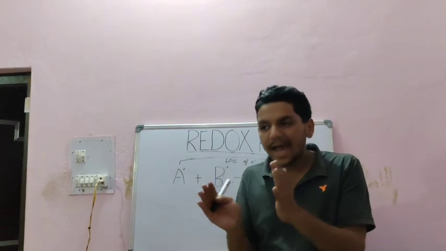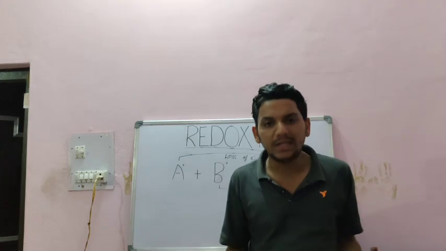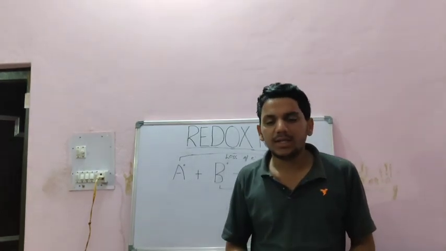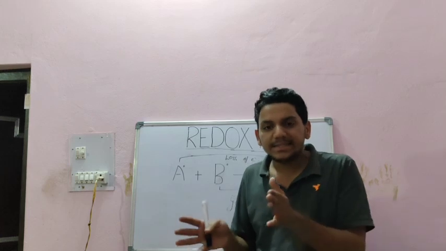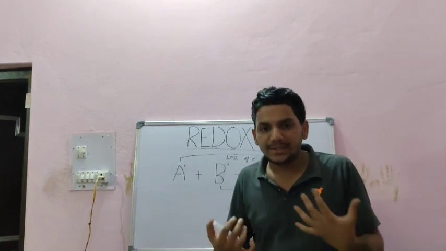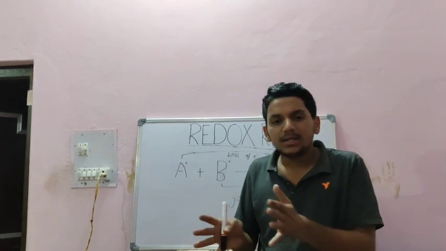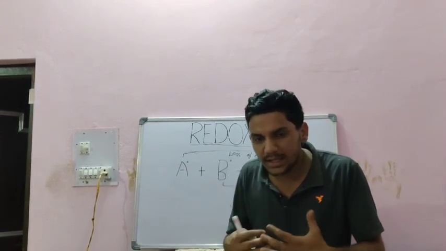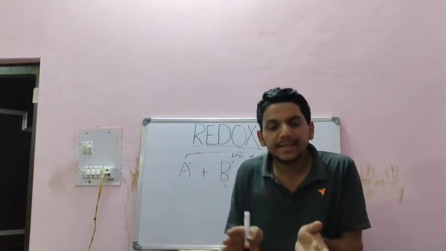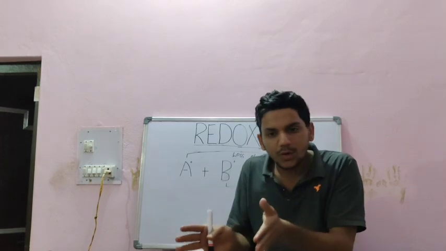In oxidation and reduction, there are two agents commonly used: the oxidizing agent and the reducing agent. Oxidizing agents are compounds or atoms which can accept an electron, and hence they are called electron acceptors. An oxidizing agent in a chemical reaction accepts an electron and undergoes reduction.